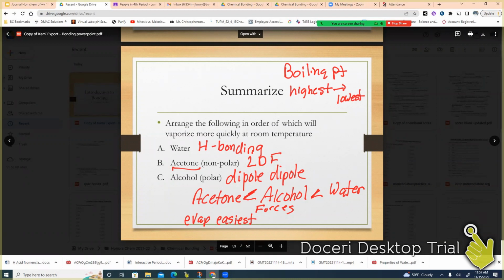So which one's going to have the highest boiling point, a strong bond or a weak bond? Strong. So that's going to put our water up here. And then in the middle, we would have alcohol. And finally, we would have some acetone. Probably would boil at a pretty low temperature.